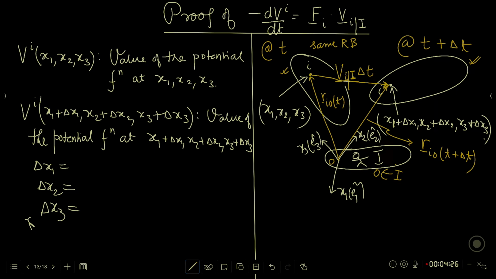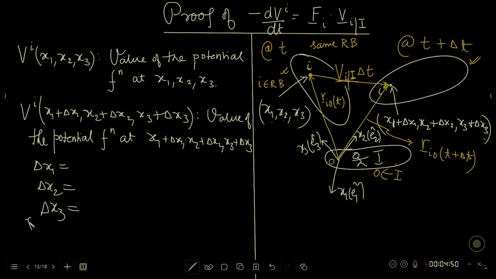I focus on this point I, where I is fixed in the RB. At time t, this point I is at location x1, x2, x3 coordinates. At time t plus delta t, the whole RB has moved, and thus this point I has also moved.